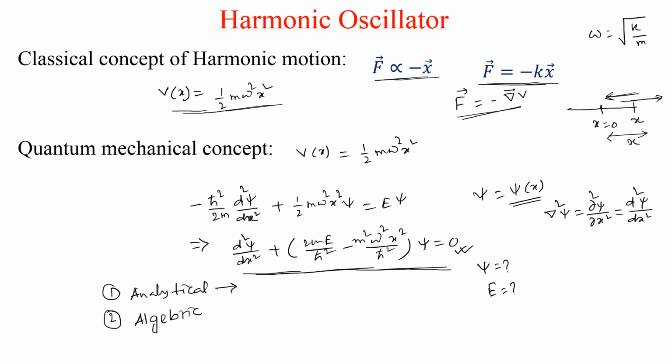The analytical way means using the power series method, and the algebraic way I will discuss later. I am solving this differential equation by both ways. First I will discuss the analytical method, then the algebraic method.